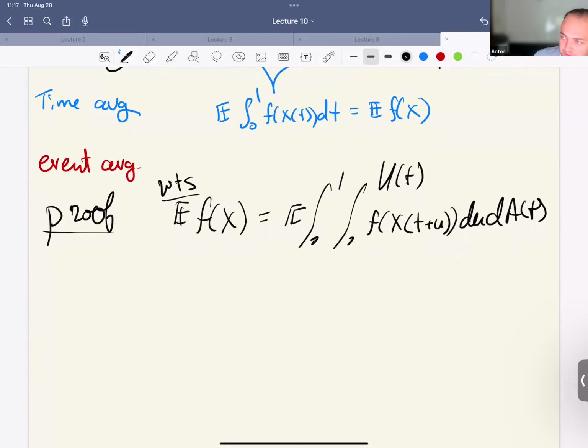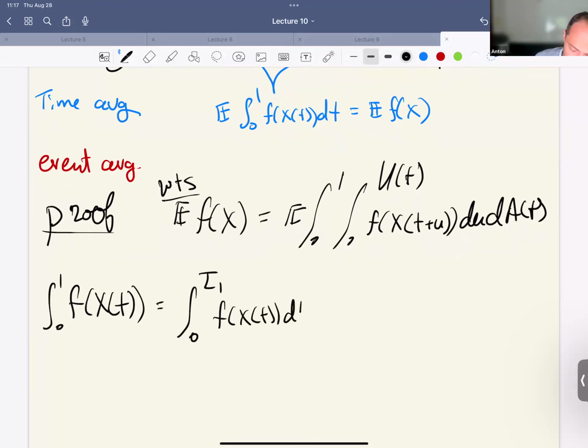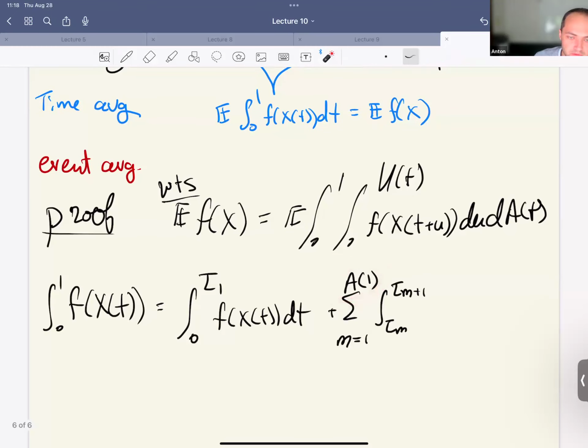So we have the event times, and I can write the integral from 0 to 1 of f of x of t. This is basically from time 0 until the first event, f of x of t dt, plus from the first event until the total number of events on the interval 0, 1. The easiest way to picture this is, of course, A of 1 could be 0, but just imagine that's a corner case.